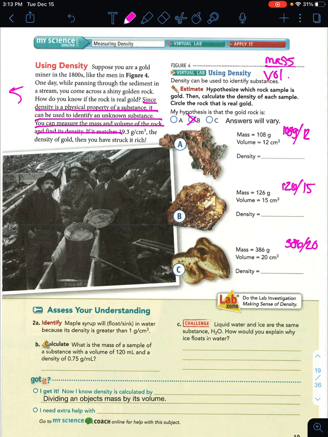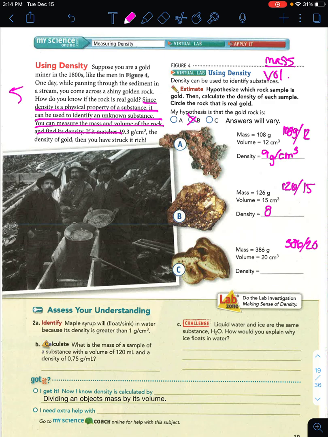So for the first one, my mass is 108 grams and my volume is 12 centimeters cubed. That means that my density is 9 grams per centimeters cubed. For my next problem, my mass is 126 grams. I'm going to divide that by the volume, which is 15 centimeters cubed.